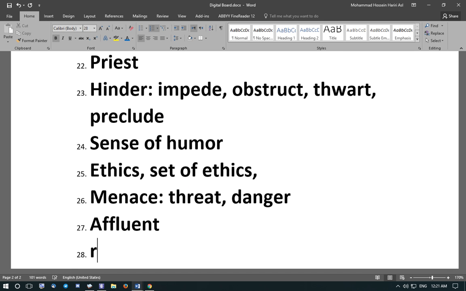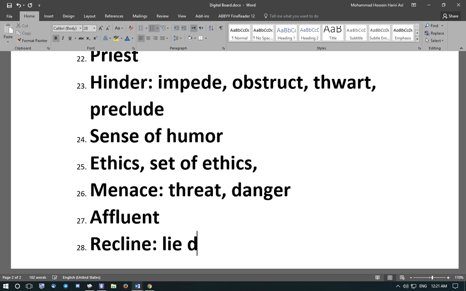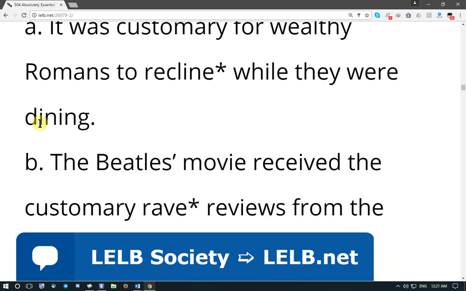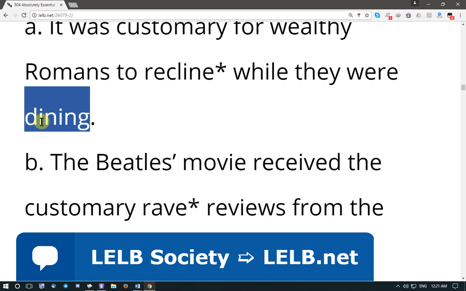Recline means lie down, not in an upright position as we usually dine. When it comes to eating our meals, we sit at the table in an upright position. But they used to lie down while dining. Dining means having their meals, such as dinner, lunch, particularly dinner.